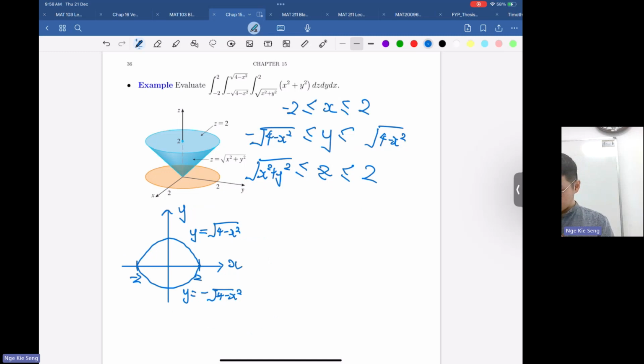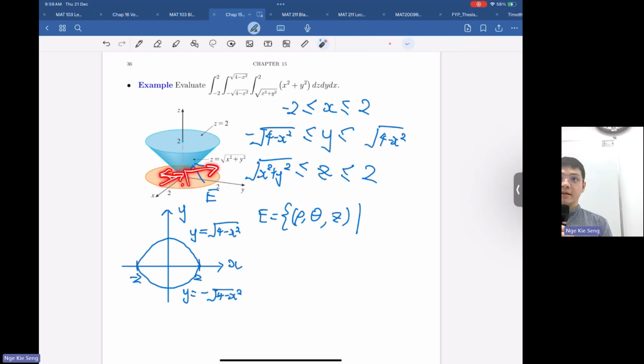Let's call this shape E. What is E in cylindrical coordinates? We have rho, theta, and z, the height. Rho here is the radius. The radius of this shape is 2, so all the way from 0 up to 2. And theta is in the angular direction, all the way from 0 to 2 pi.